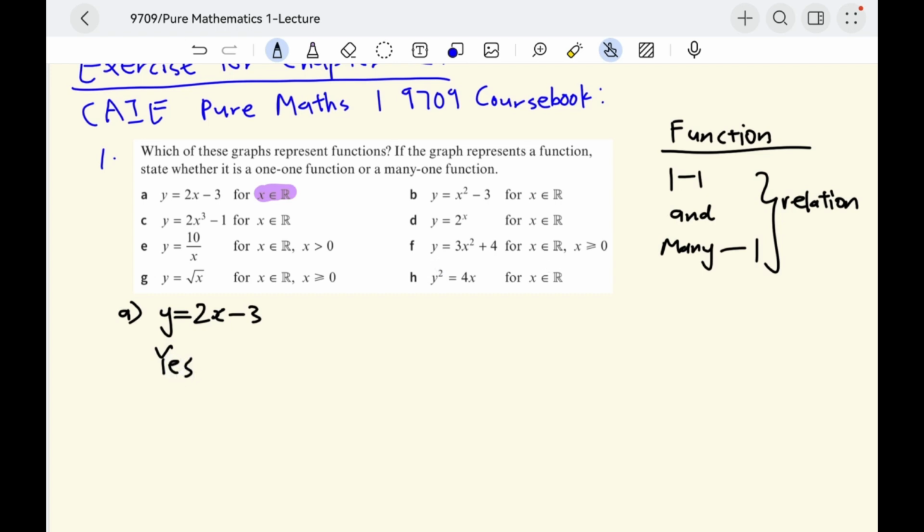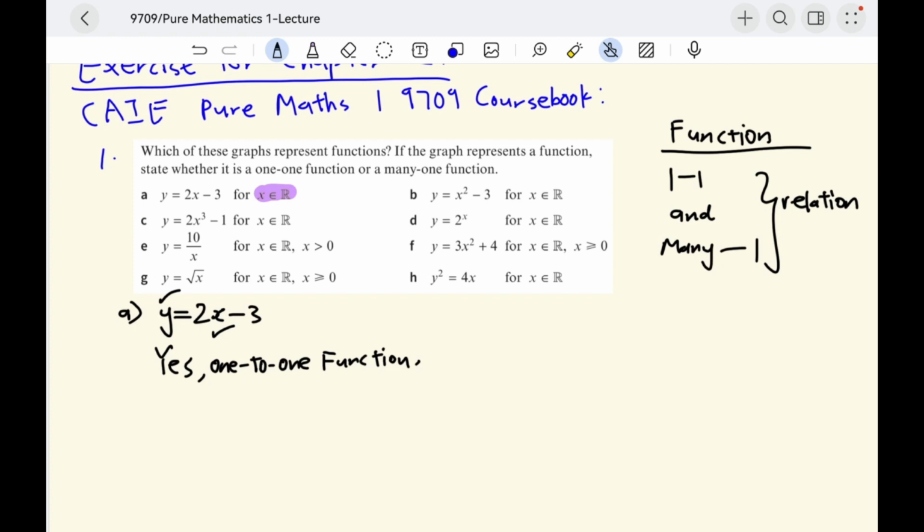Different objects have different images, and it is a linear function graph. When you draw a linear graph in the Cartesian plane, it is obviously a one-to-one relation, so it is a one-to-one function. That's the short answer for part A.